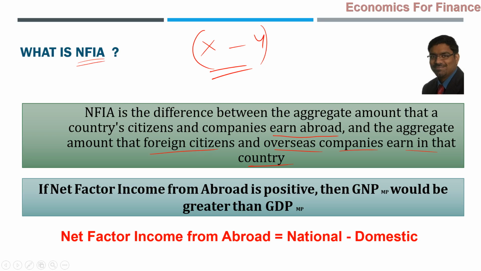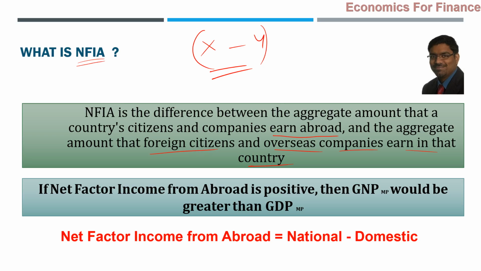So simply speaking, net factor income from abroad is nothing but the difference between national and domestic. That's all. National is equal to domestic plus net factor income from abroad. Every time we cannot call it net factor income from abroad, so we are going to call it NFIA, but in the exam you have to write the full form.